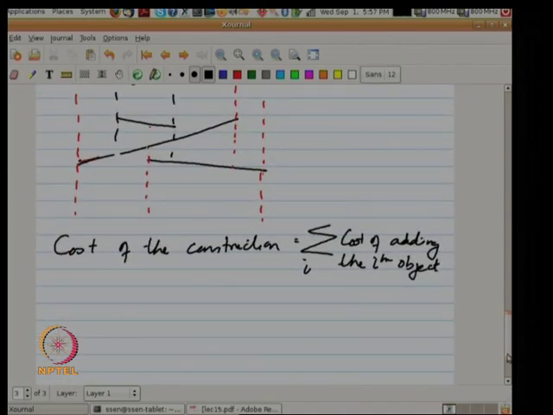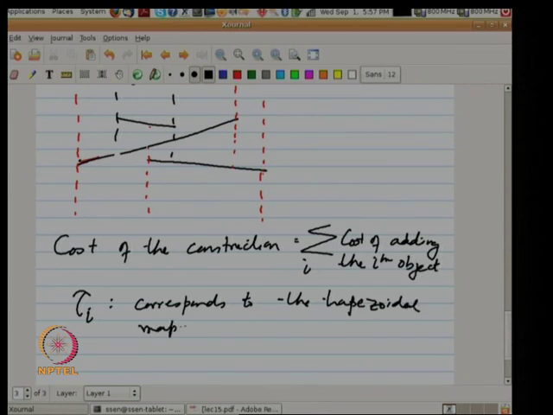Cost of adding the ith object is basically updating the, let us say we call it, T_i corresponds to the trapezoidal map of O1, O2, ..., Oi.